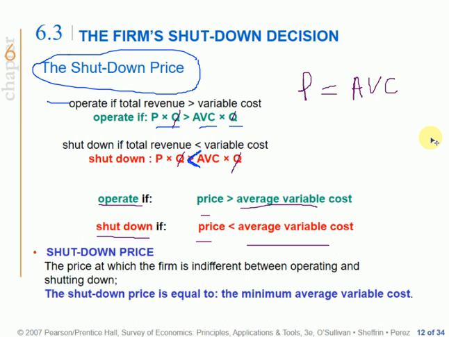But if the price is lower than the AVC, you shut down. If the price is higher than AVC, you continue to operate.